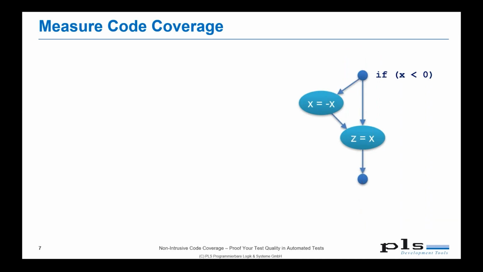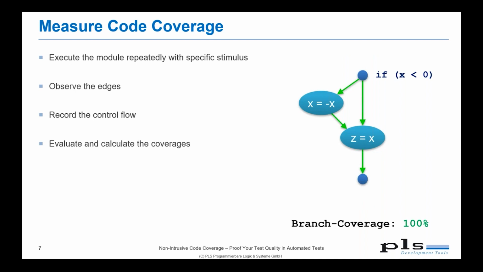For example, x equals 7, and with that we also trigger this branch not taken path. With both test cases, we get not only a 100% statement coverage, but also a 100% branch coverage.